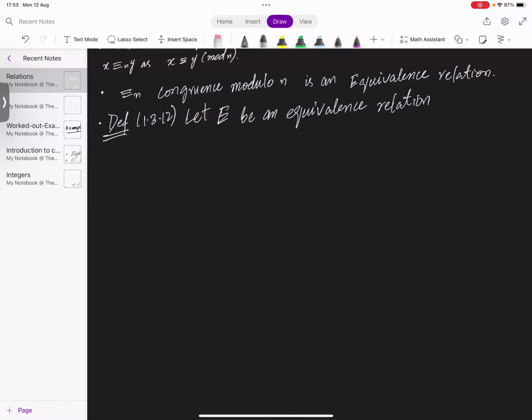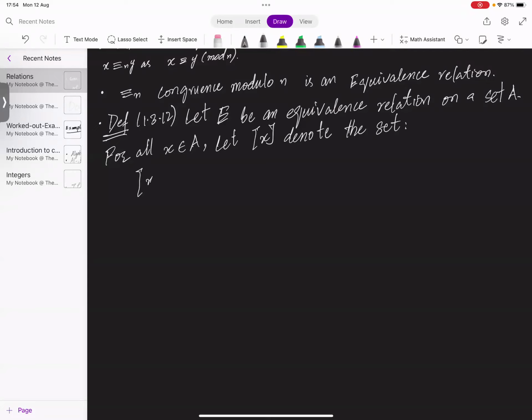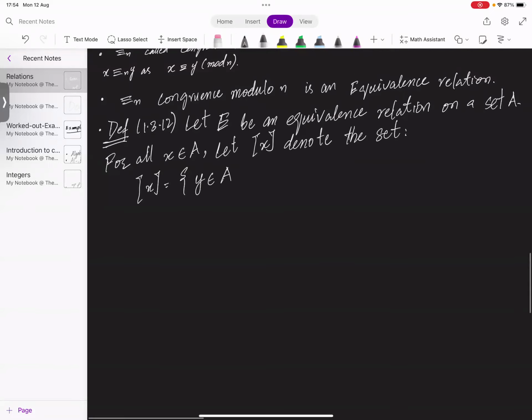So just to remind, E is a relation on a set A, and for all x in A, we denote this symbol a set which contains all those y inside the set A such that those y are E related to x.